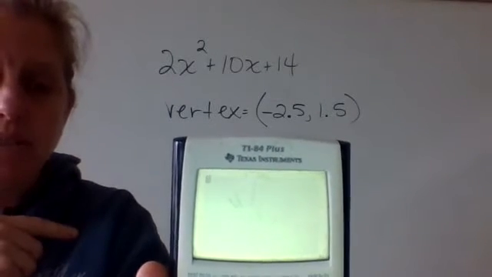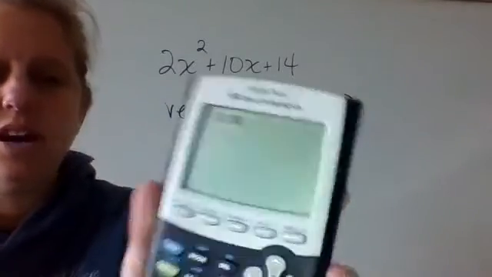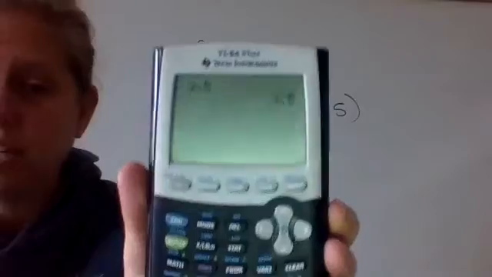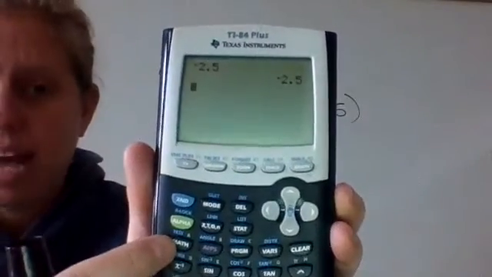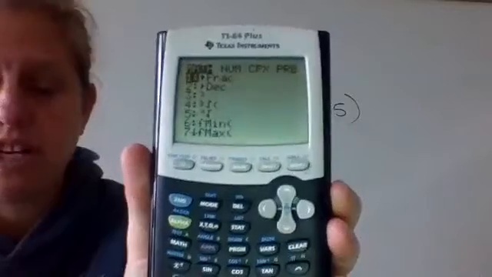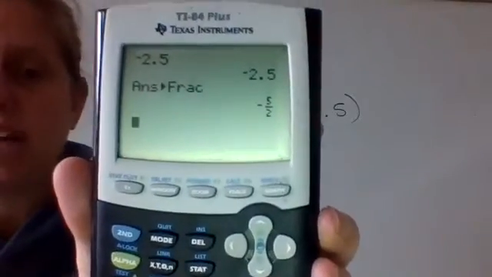type in those decimals, negative 2.5, hit enter. How do you turn decimals into fractions? Math. The first thing is turn it into a fraction, so math, enter, enter. There is the fraction form.